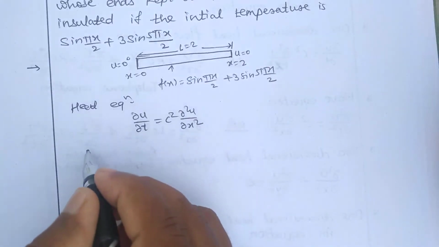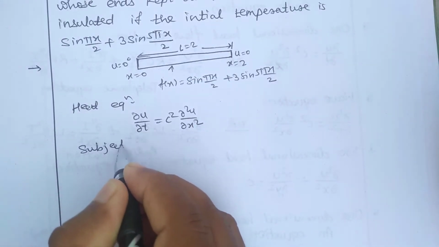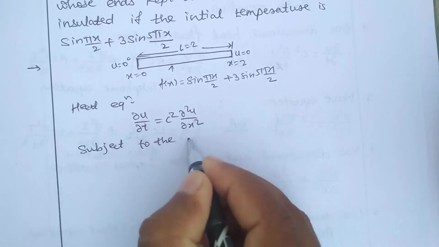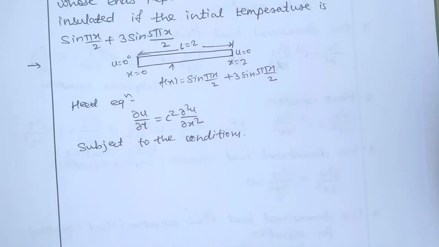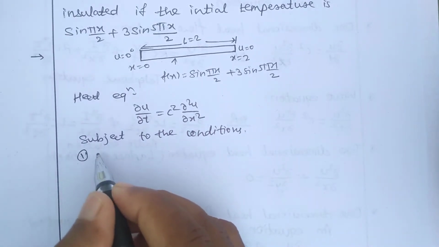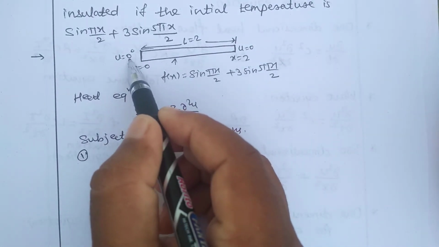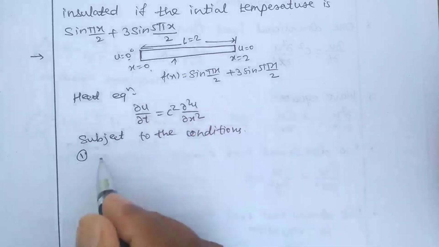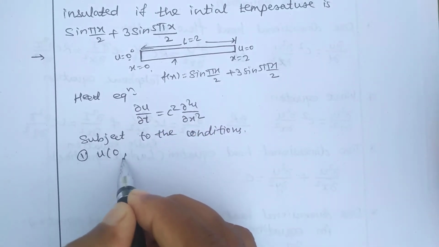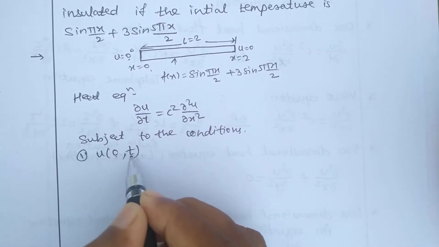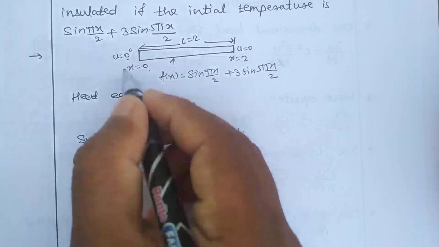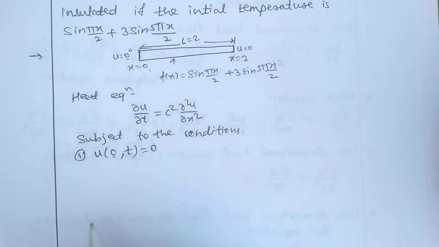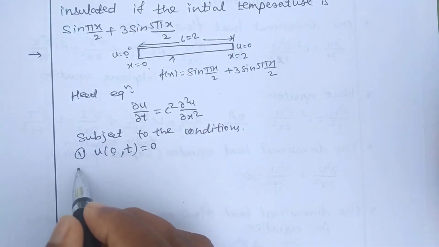What are the conditions given? The first condition is that the temperature u = 0 at x = 0, that means u(0,t) = 0 at any time, the temperature is 0. This is the first condition.